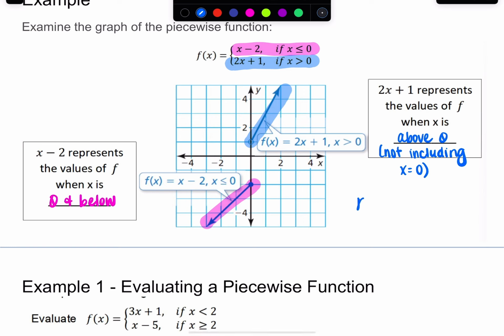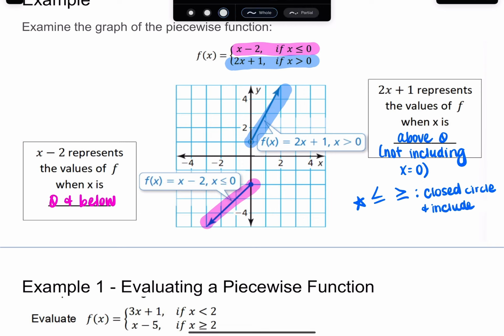So make a note right here. If it has the equal to, so less than or equal to or greater than or equal to, it's going to have a closed circle and it's going to include that point.